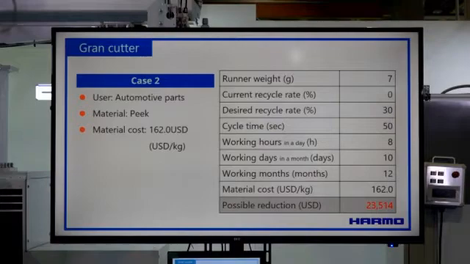If they mix recycled material with virgin material at a ratio of 30:70, they can save $23,514 for 12 months in total. Don't you think it is worth buying Gran Cutter for recycling and cost reduction?